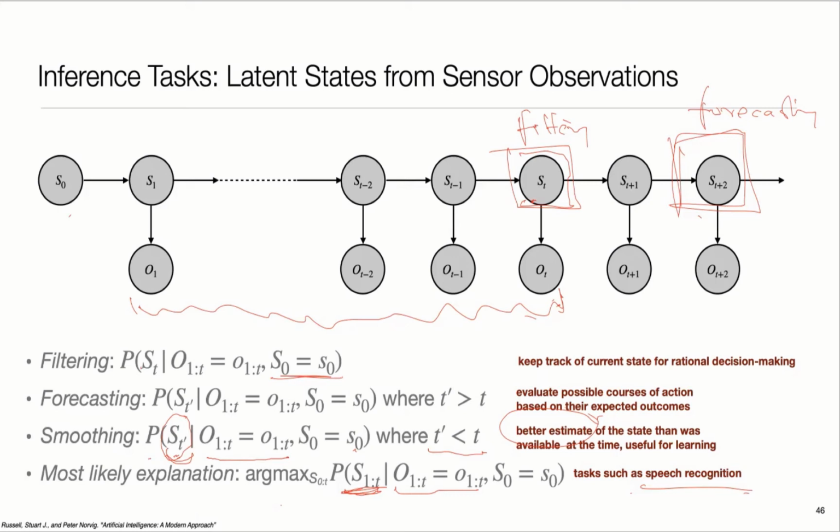Is this problem the same as saying what was the most likely S1, and then separately finding the most likely S2, and then the most likely S3, and the most likely S4, and so on and so forth, and then giving that sequence? So is the most likely sequence the same as the sequence of most likely states? Anyone with intuition either way?